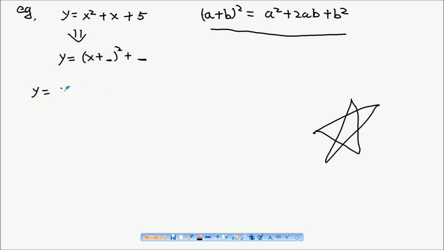We put x square plus x plus half square plus 5 minus half square.